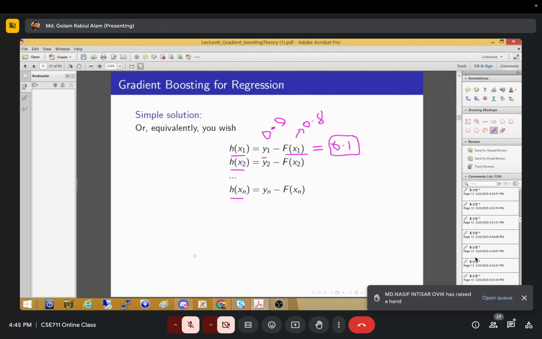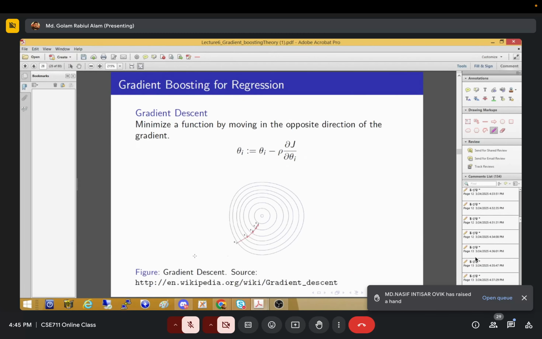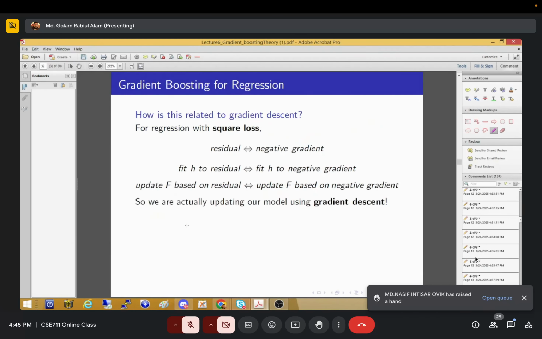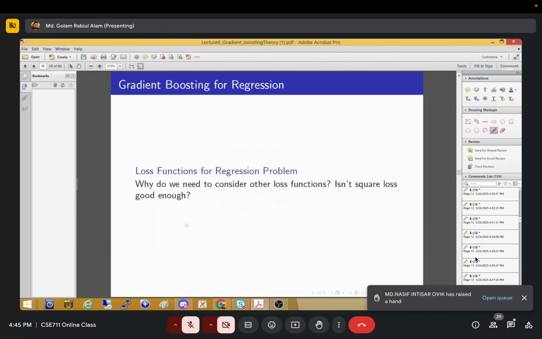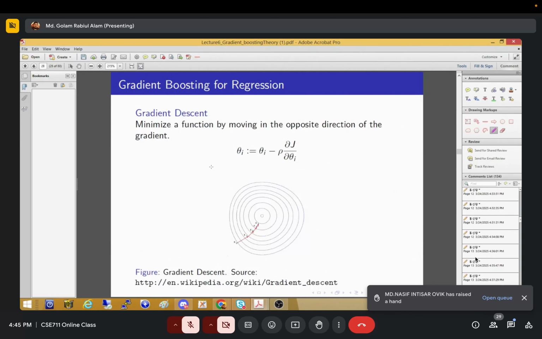So how can we apply the gradients here? We know that for gradient descent, we have already discussed it maybe in our first or second lecture. So I think you know that here is the equation of gradient descent. We can see the update of parameters.